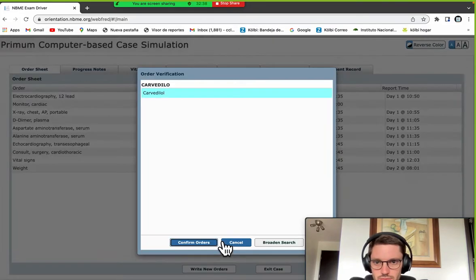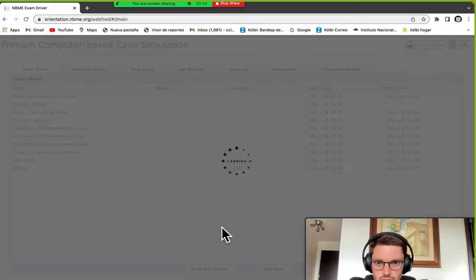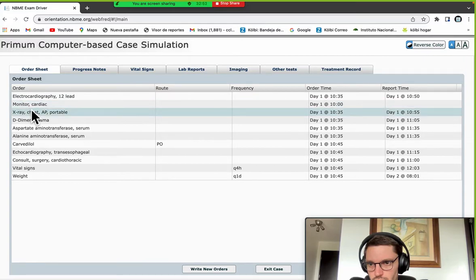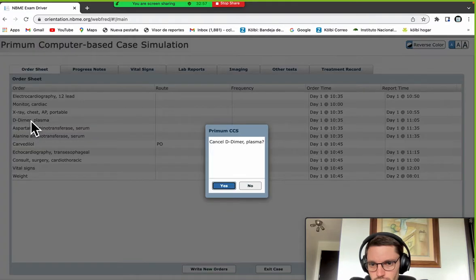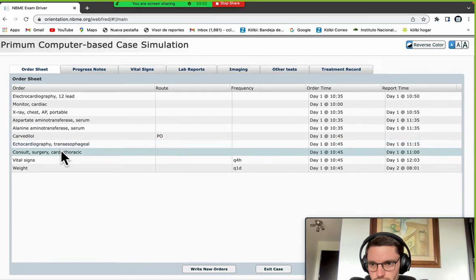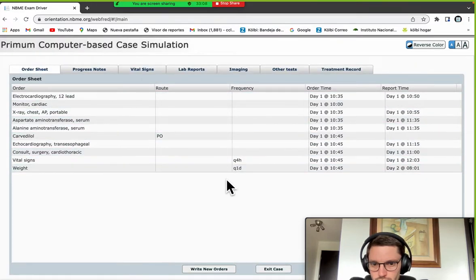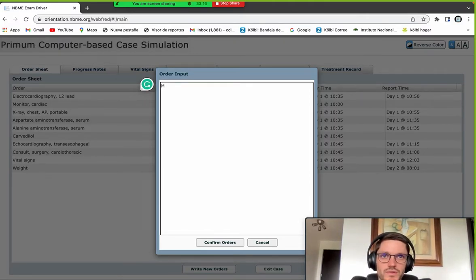Carvedilol. And she's using... Could we give her morphine or something for the pain?